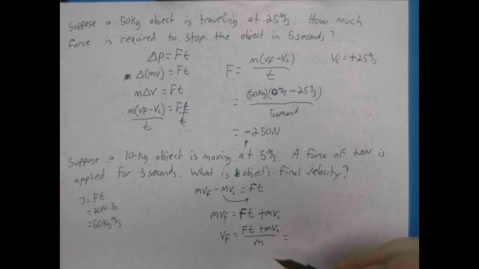So force times time, 20 newtons times 3 seconds, that's 60 kilogram meters per second, plus 10 kilograms times the initial velocity of 5 meters per second, divided by 10 kilograms.